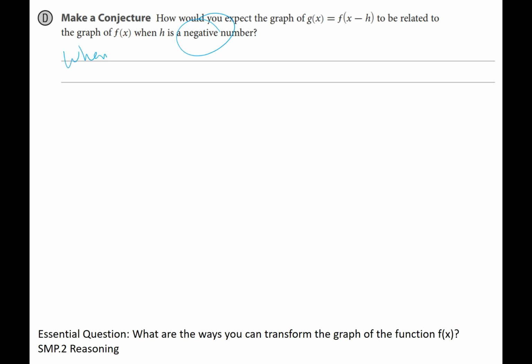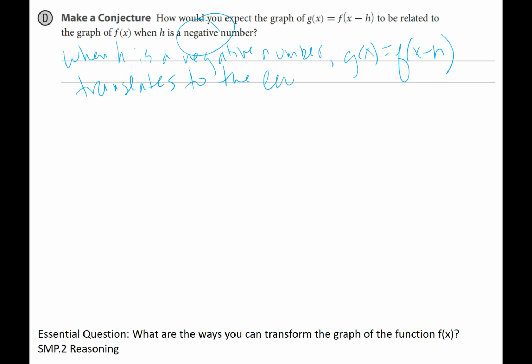When h is a negative number, g of x equals f of x minus h translates to the left.